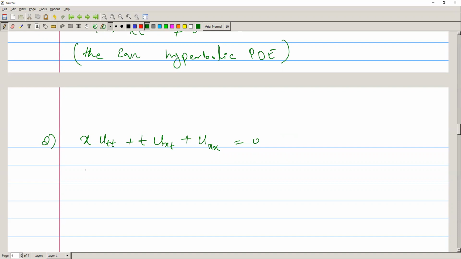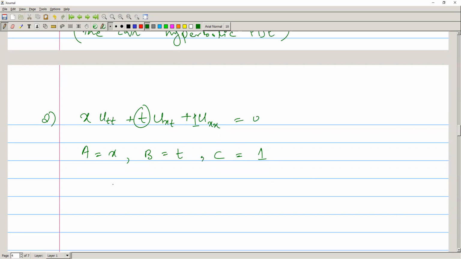Right, so a is equal to x, b is equal to t, this coefficient, and then c is equal to 1, that is this coefficient, right? So now we can apply the discriminant, that is b squared minus 4ac. So this implies t squared minus 4x.